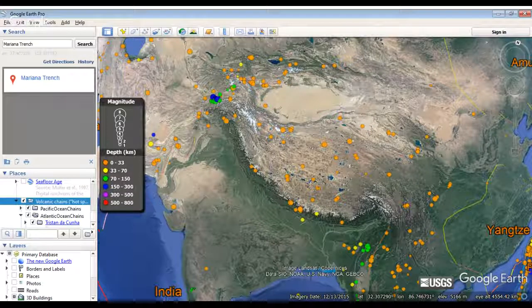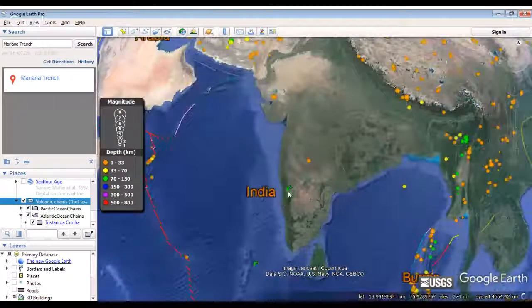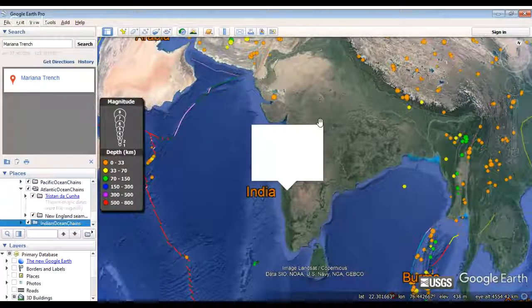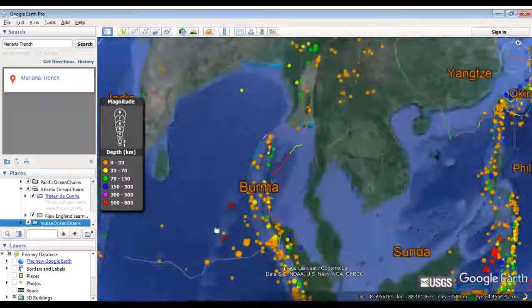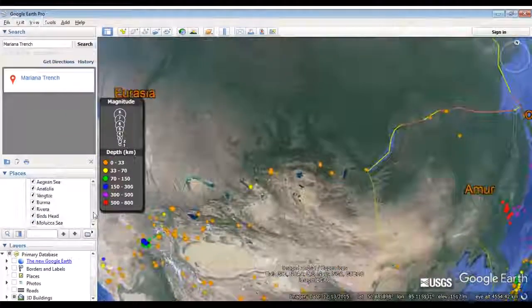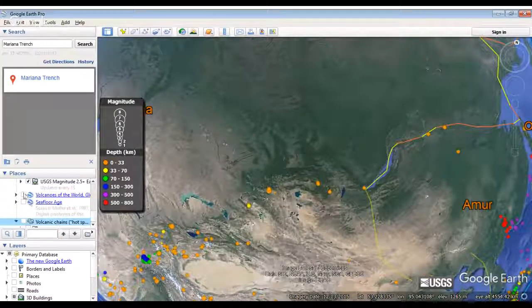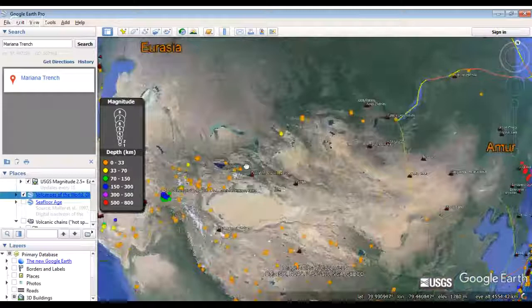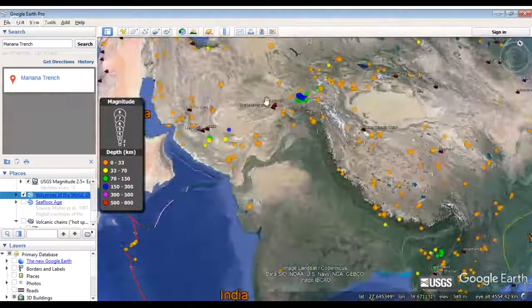Yeah, so the India plate is subducting. Okay.